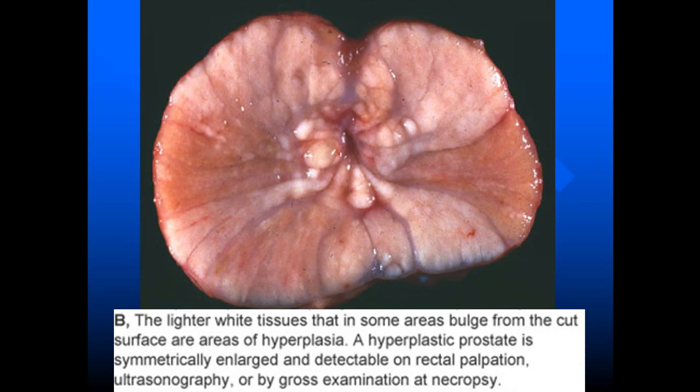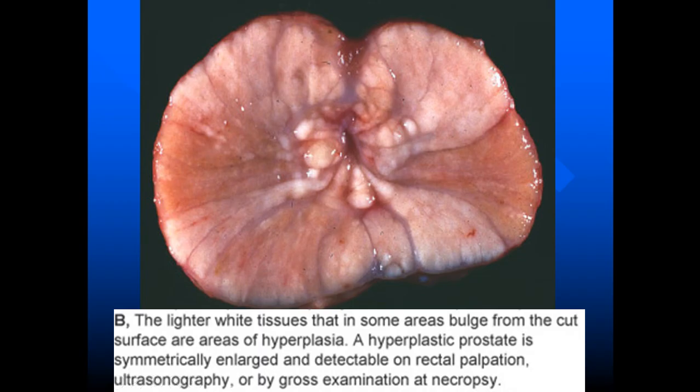This is the cut section of a prostatic hyperplasia. This is the urethra, very obvious. You can see here it's really small, right? And this is the hyperplastic part of the prostate.